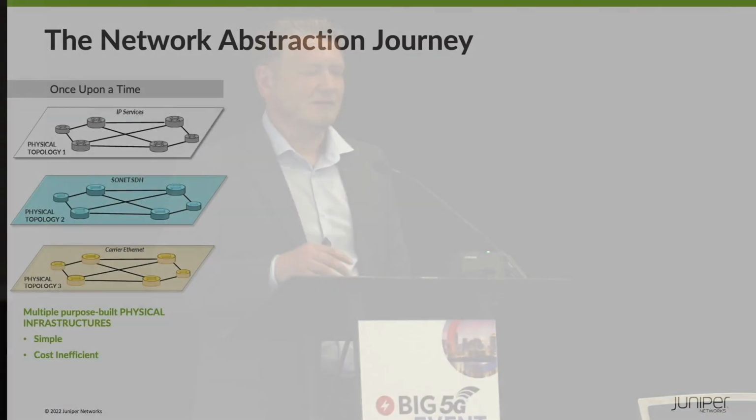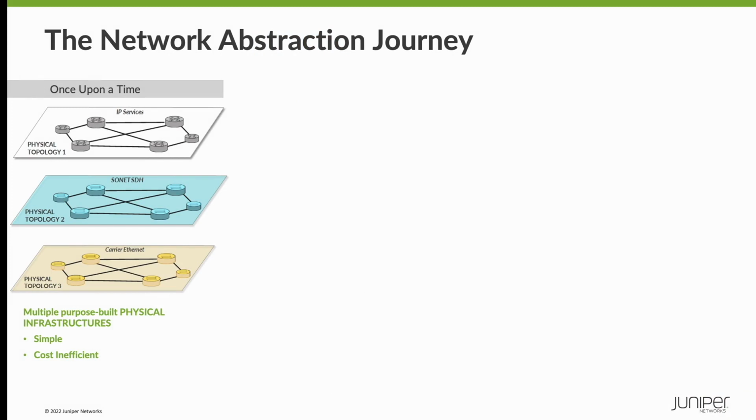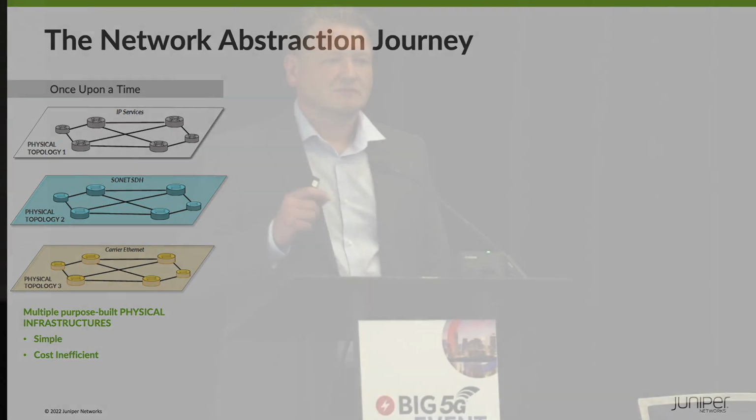In broader use cases it may not be so obvious, but if we take a retrospective view back into some dark times, when the operator may have been in possession of multiple physical infrastructures, one infrastructure used to provide a particular use case or particular type of connectivity. So this used to be simple, but very costly.